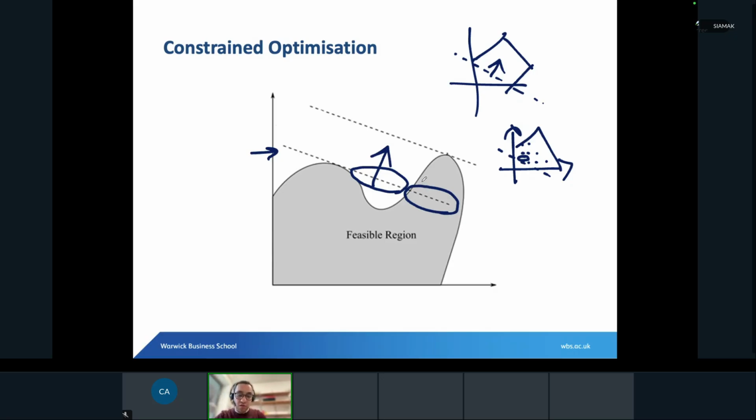Remember that every point on the isoline can become the solution, so it doesn't matter if it hits here, here, or here. Everything should be in the feasible region.